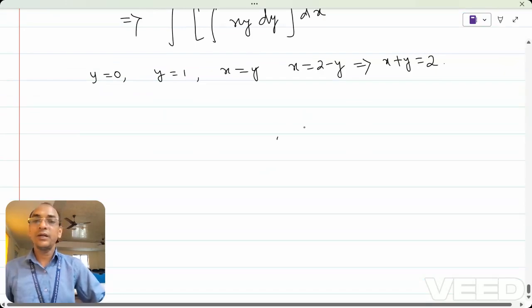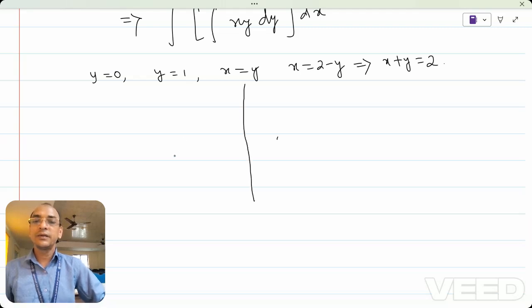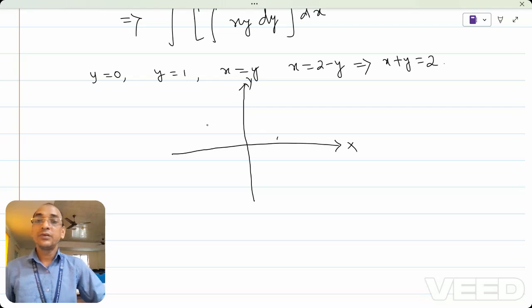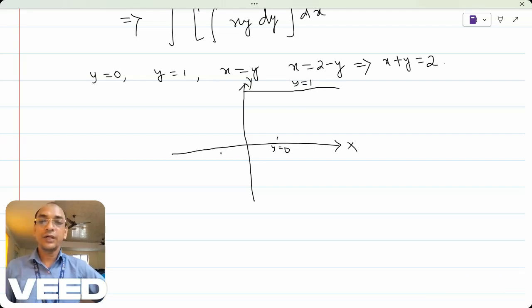How can we draw it? This is my x-axis, this is my y-axis. So y equal to 0 is the x-axis, y equal to 1 is the line parallel to the x-axis. Then x equal to y will be this line.